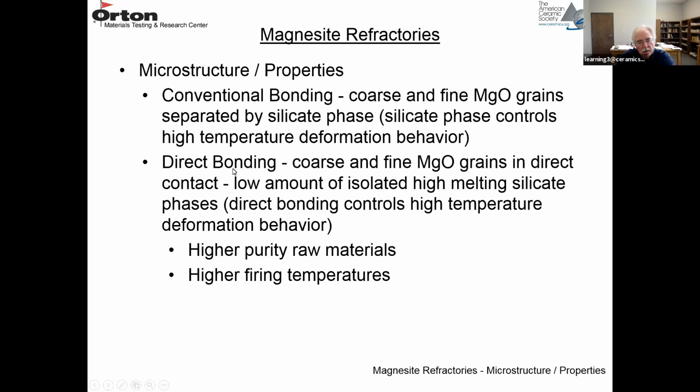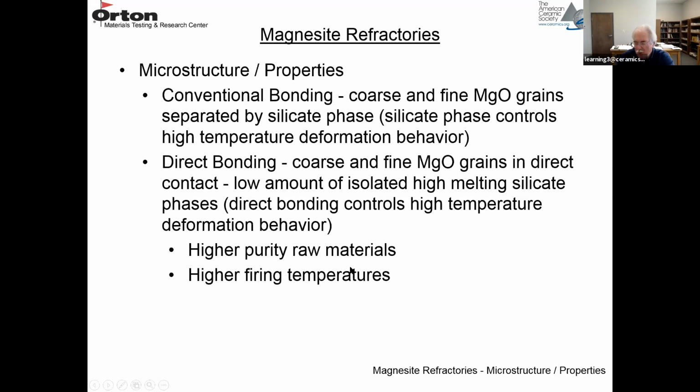If it's direct bonded, you have coarse and fine MgO grains in direct contact. You have a lower amount of impurities, so a low amount of isolated silicate phases. And now the direct bonding between the crystals controls the high temperature behavior. So direct bonded materials are higher purity materials, and then they're fired at high temperatures to promote crystal to crystal bonding.